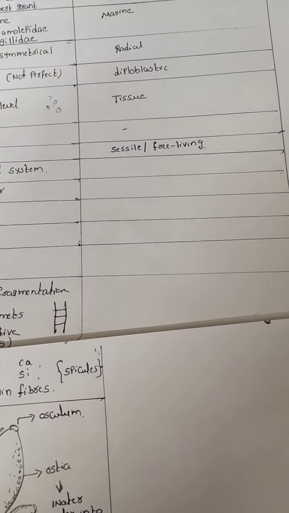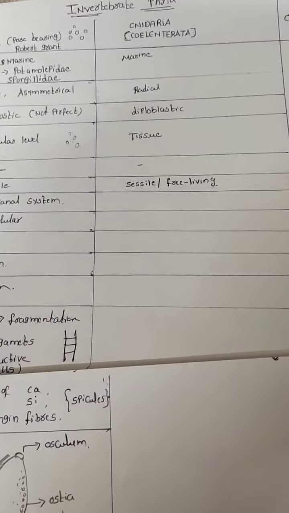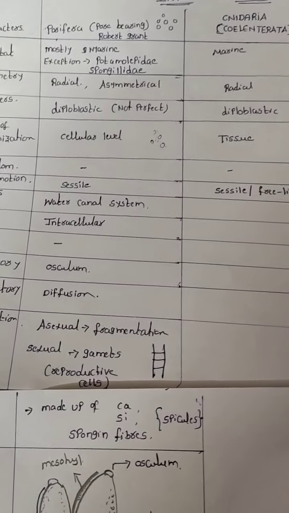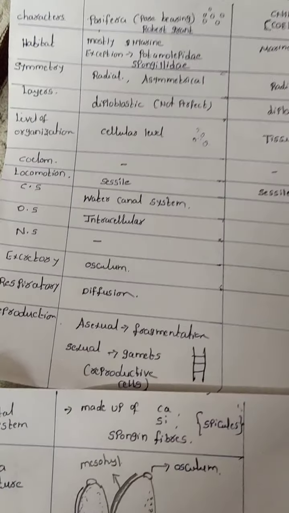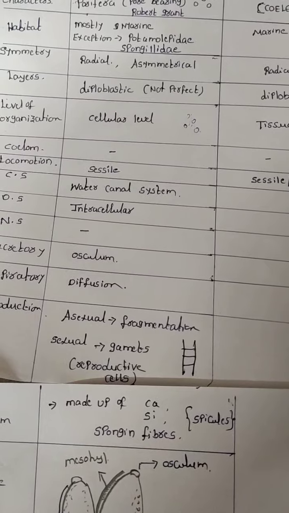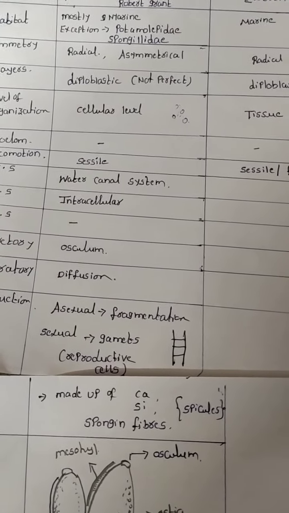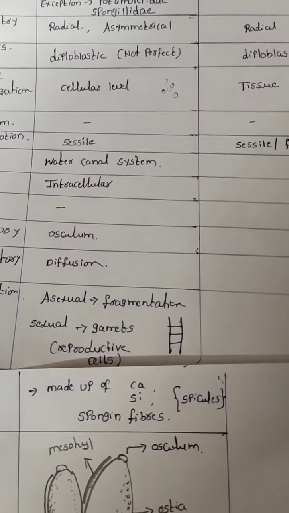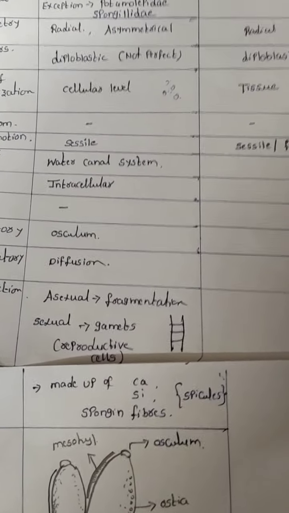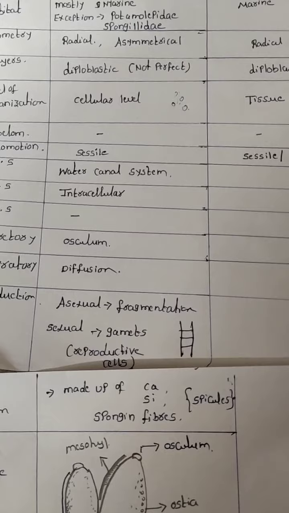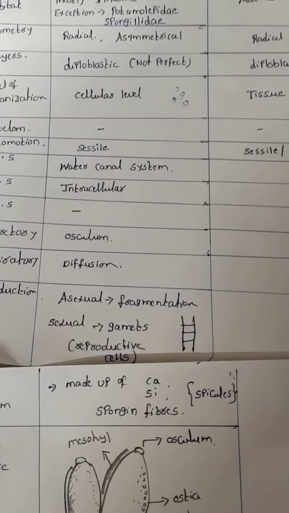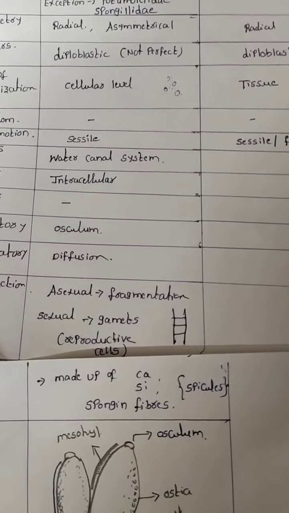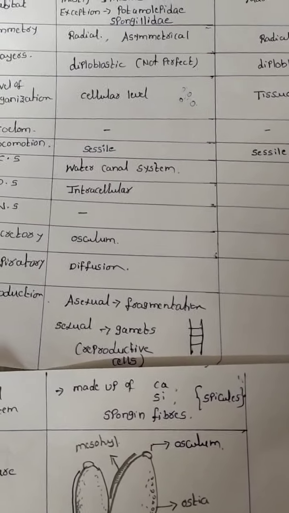Here also we are not able to discuss, because it is also diploblastic. But in a question, if they ask whether Porifera is acoelomate, yes, Porifera is acoelomate. Keep in mind. If they give a statement that Porifera is acoelomate, then yes, Porifera is of acoelomate nature.